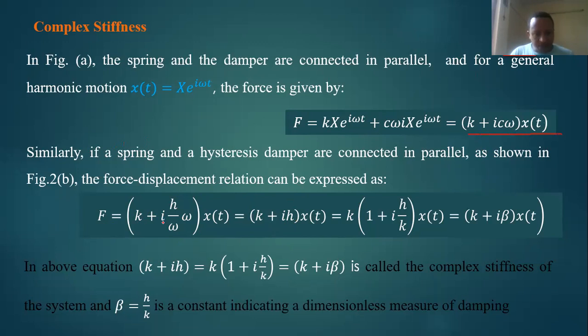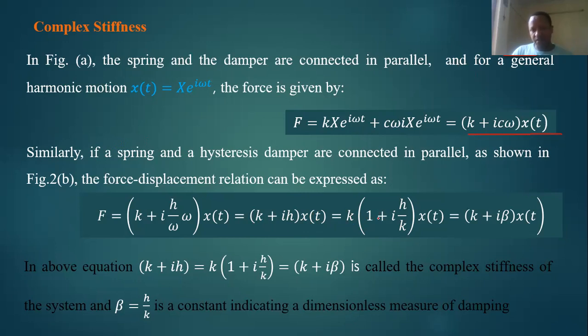So instead of C, we substitute H over omega. Then this cancels. Finally, what we can get is K plus iH times x of t, which is equal to 1 plus iH over K.